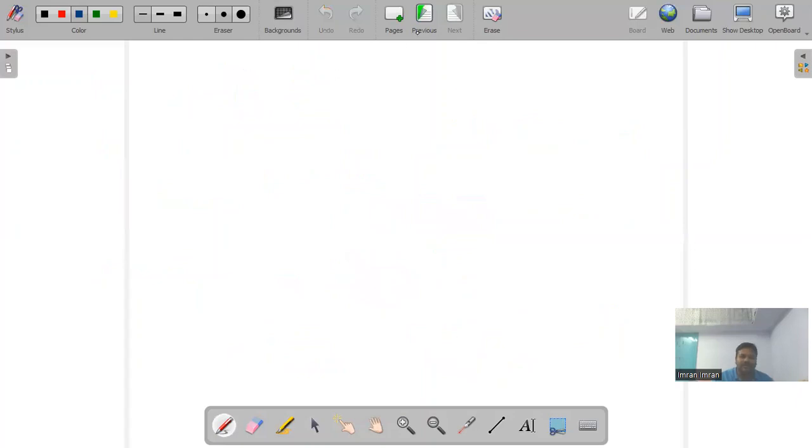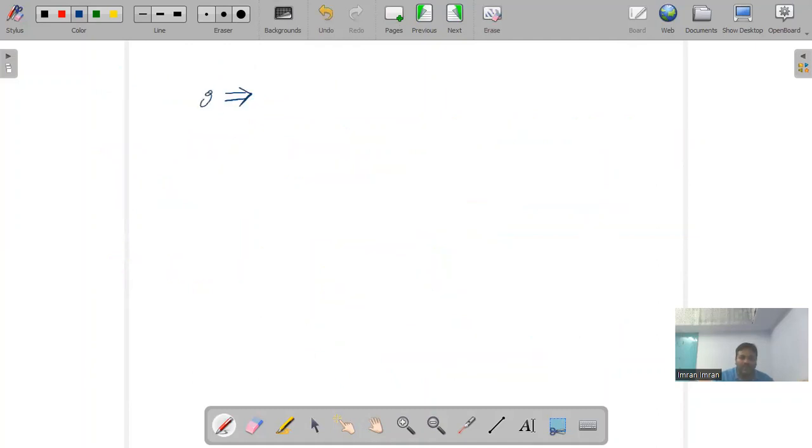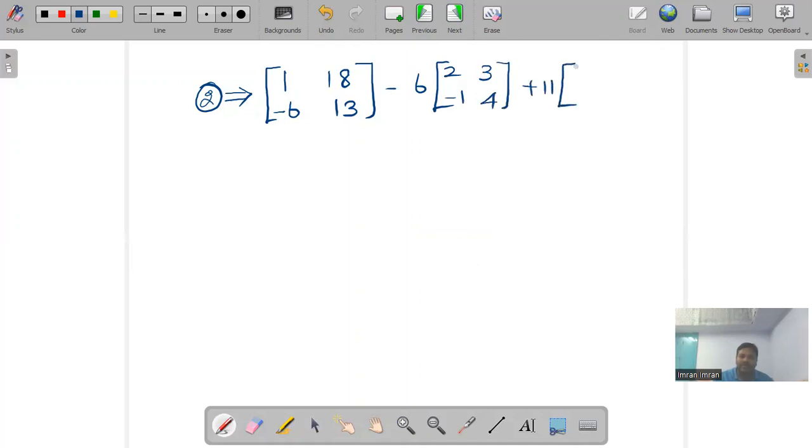So A square minus 6A plus 11I becomes: 1, 18, minus 6, 13, that is A square, minus 6 into A, where A is 2, 3, minus 1, 4, then finally plus 11 into I. I is nothing but the 2 by 2 identity matrix.